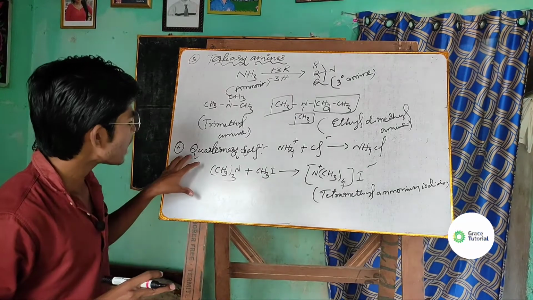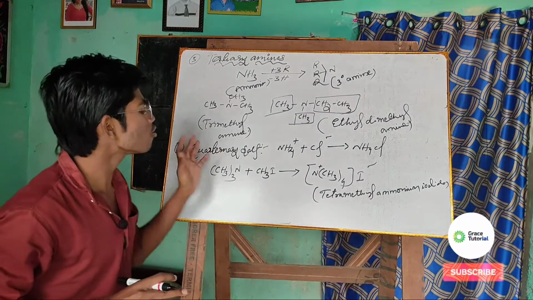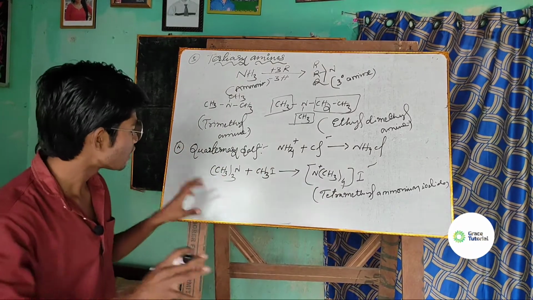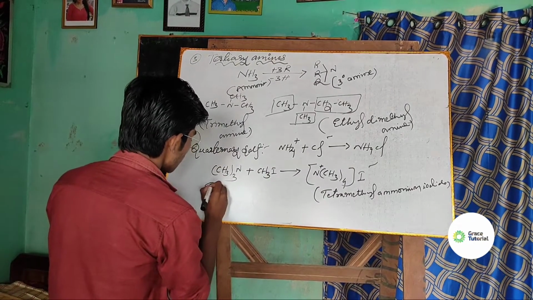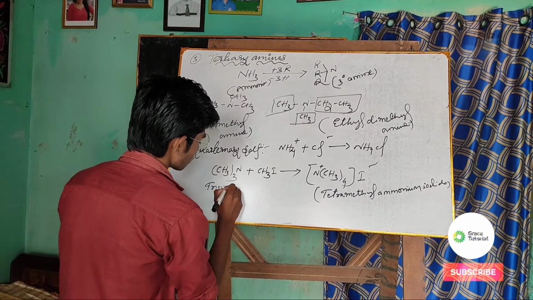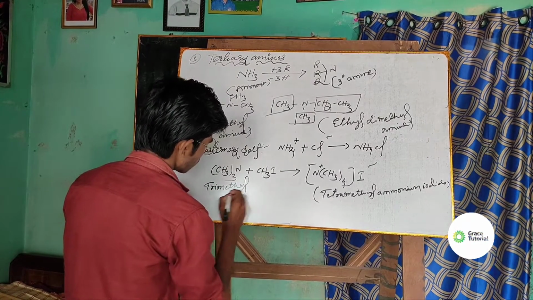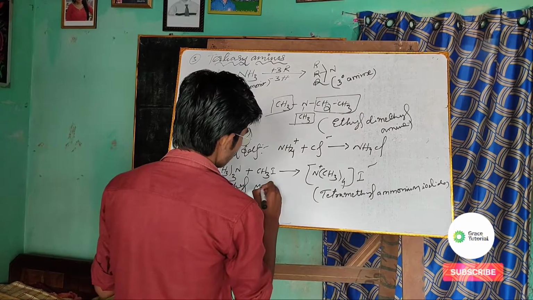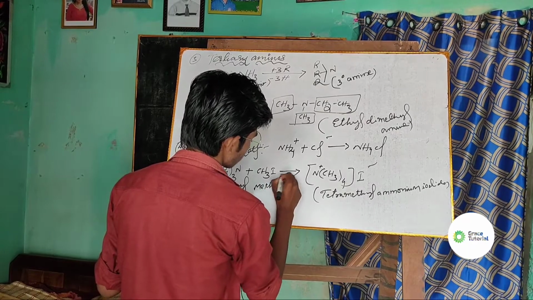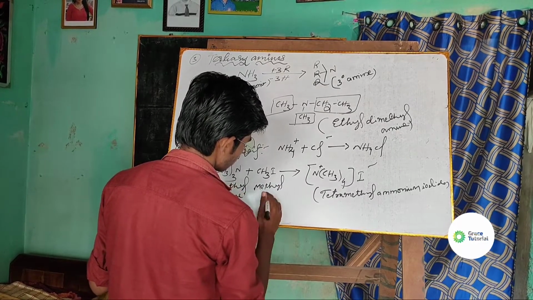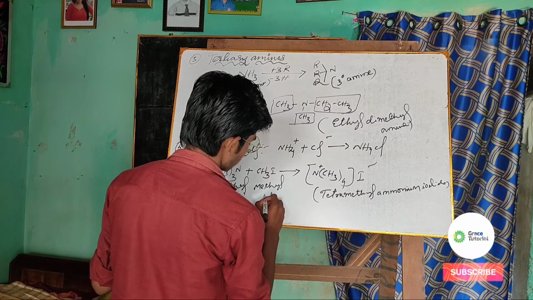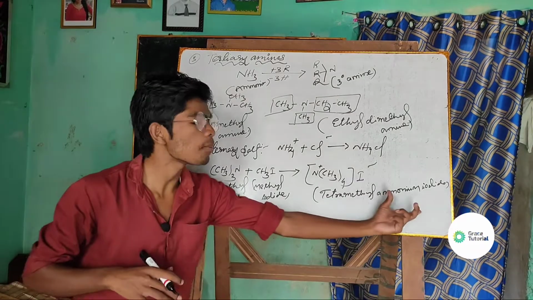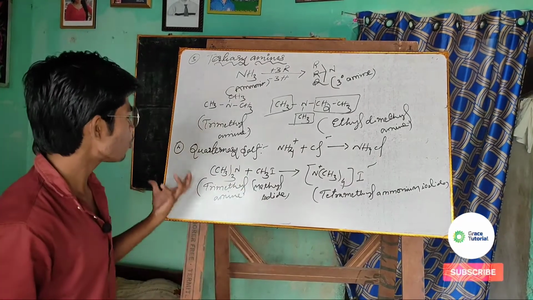That means the amine can also form the quaternary salt. So this is what I have just shown you: the name of this one is trimethylamine, and here methyl iodide. And finally, the tetramethylammonium iodide is obtained. This is all about the quaternary salts.